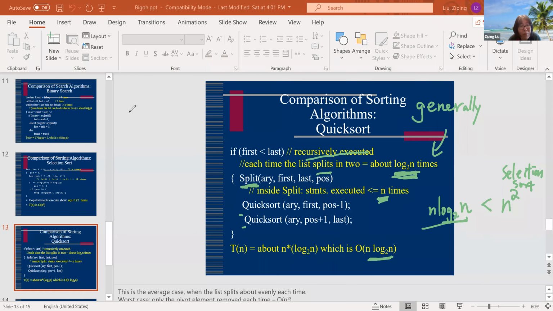So can anyone figure out in which scenario, in which case, the split is not log 2n?